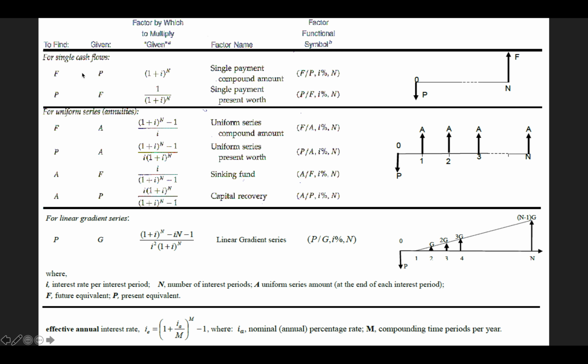We did all the calculations for single cash flow, converting between present and future. For uniform series, the annuities, we did the calculations as well. And in the middle, we also covered the linear gradient series.